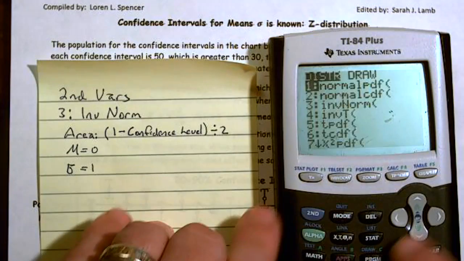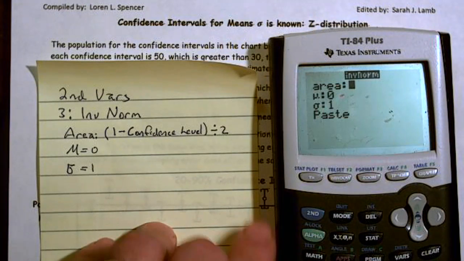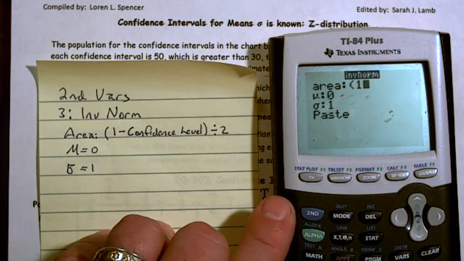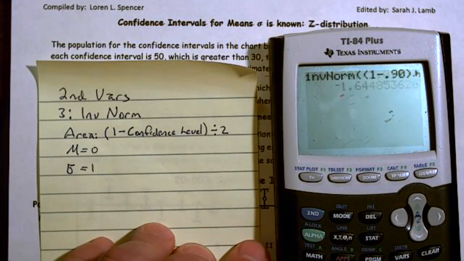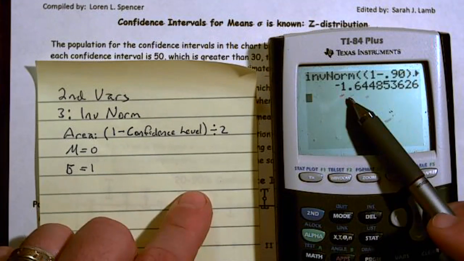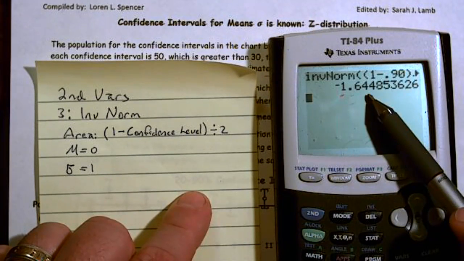Second vars, inverse norm, area, parenthesis 1 minus 0.90, close parenthesis, divided by 2, mean of 0, standard deviation of 1. And I end up getting negative 1.645. All right, so that's where that comes from.